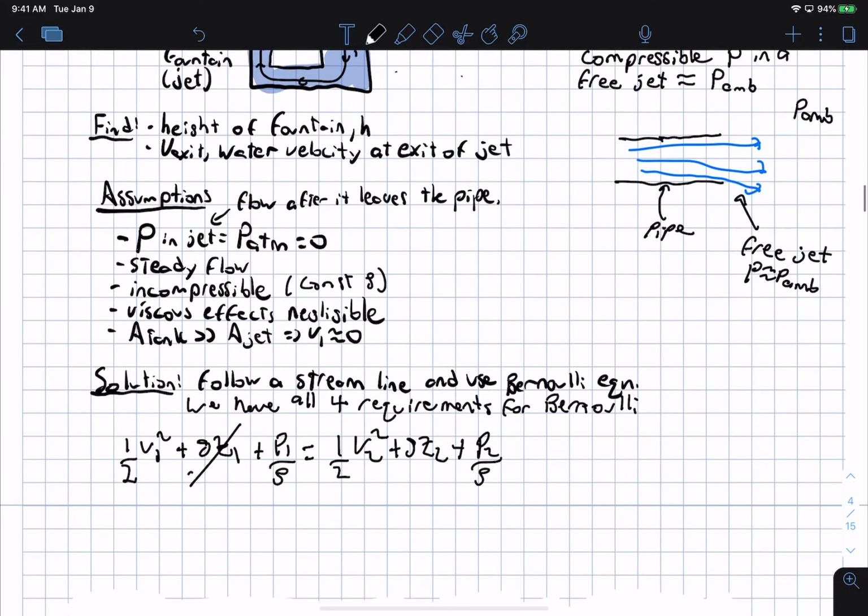I want you to show the full Bernoulli equation like this, and then cross out terms. Don't just remove terms; tell me why you are zeroing that term out. It's 0 because the datum is at the top of the tank.